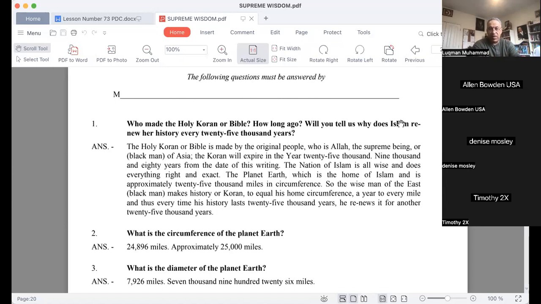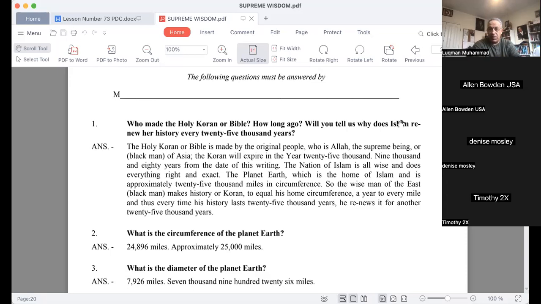When I first saw black man being in parentheses, on a mathematical level, I looked at that as the problem that has to be solved in order to get to Allah and the supreme being. You have to first solve the black man of Asia. That's something that has to be solved first. Does that make sense? Yes, sir.